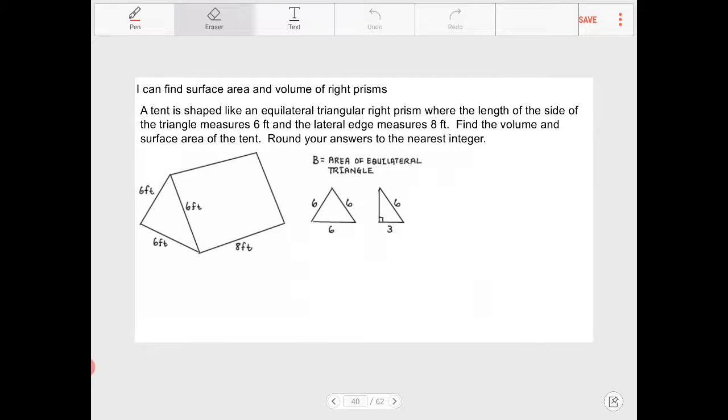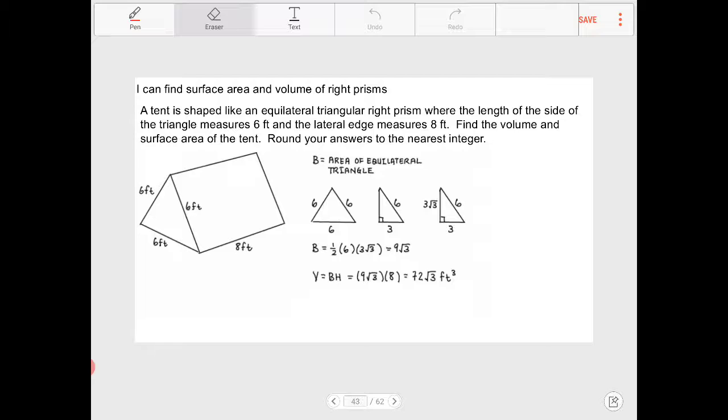So therefore, the height of the equilateral triangle, having gone through trigonometry, is going to be 3 radical 3. Or you can use the Pythagorean theorem if you don't remember trigonometry. So the area of the triangle will be 1/2 times 6 times 3 radical 3, which is 9 radical 3. So the area of the base is 9 radical 3. The volume will be 9 radical 3 times 8, which is 72 radical 3 feet cubed.